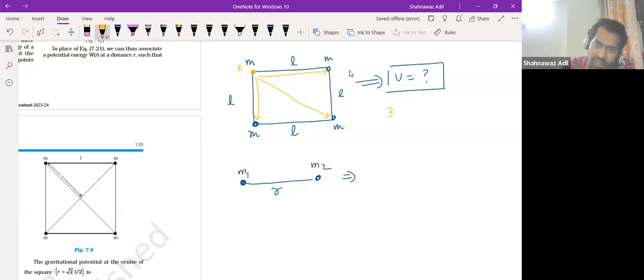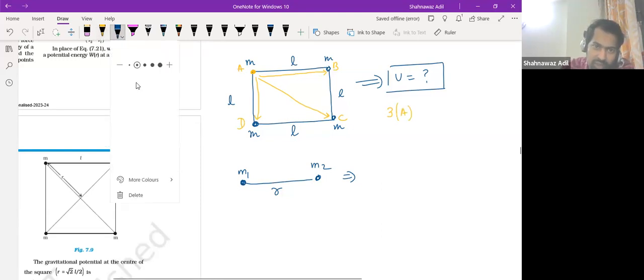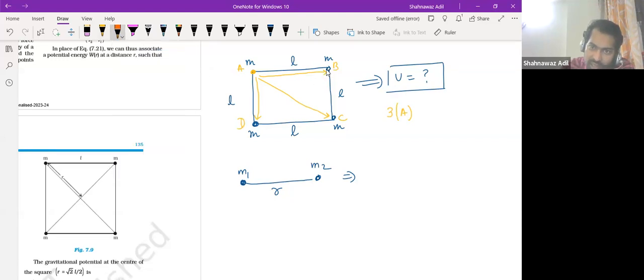Okay, let's say this is A, this is B, this is C, and this is D. So at A, we have three combinations. Now let us pick this guy, B. This one and this one we have counted, right? So one would be between these two, and the other would be this one.